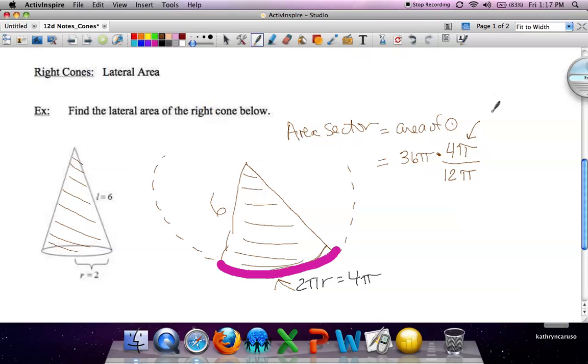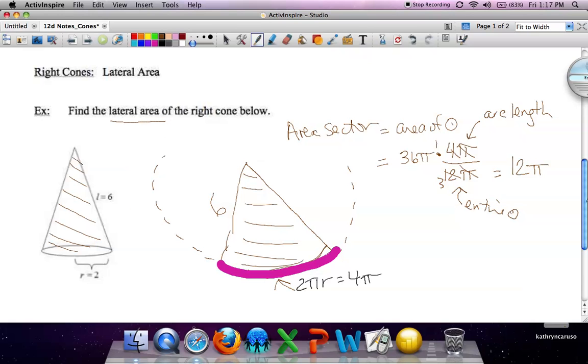So this is the arc length, and this is the entire circle. So if you do the math out here, the pi's will cancel. This will be a 1. This will be a 3. 36 pi divided by 3 is 12 pi. So that would be the lateral area of the right cone below.